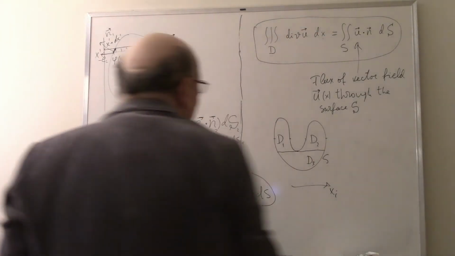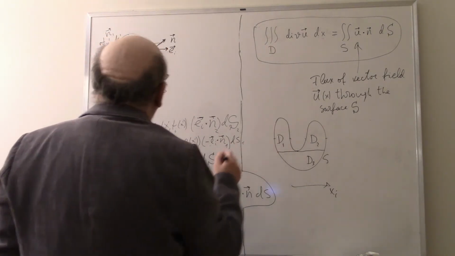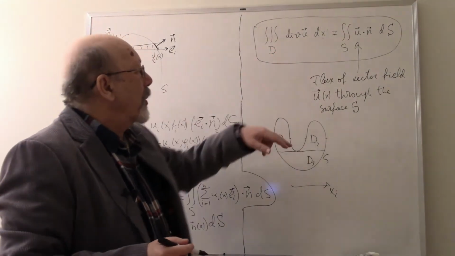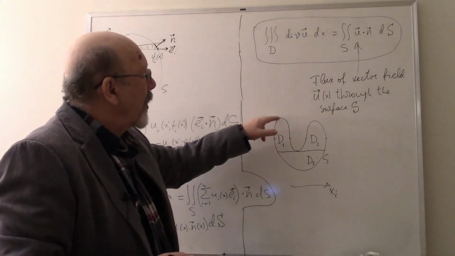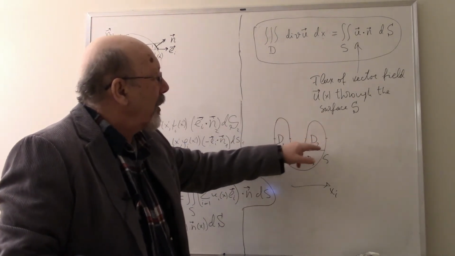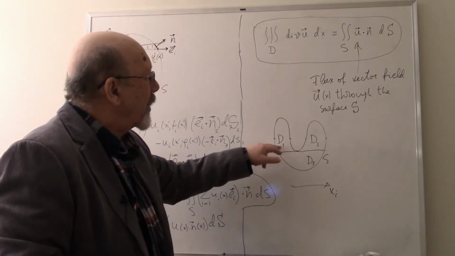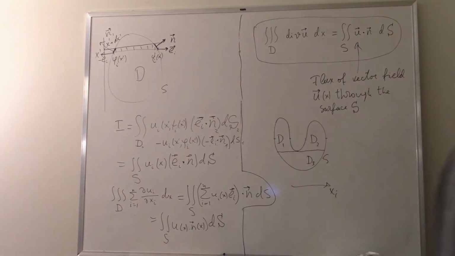Now let's observe that if you take the sum of the left-hand sides, the integrals of divergence u, a scalar function, over these subdomains D1, D2, and D3, it is exactly the integral over the union, over domain D.